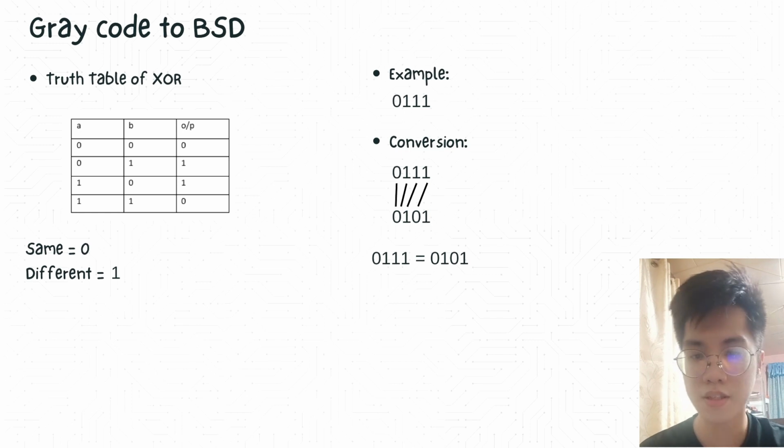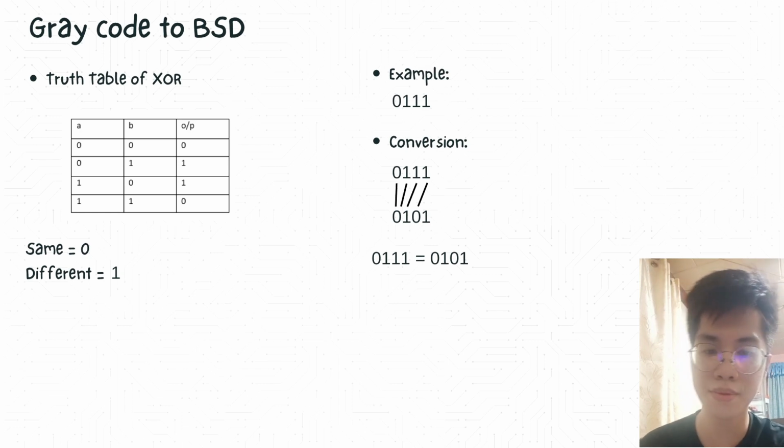So in converting Gray code, first we get the MSB, or the most significant bit, and drop it down. After that, we compare it to the next number, which is 1, and we will still use the XOR truth table for the conversion.